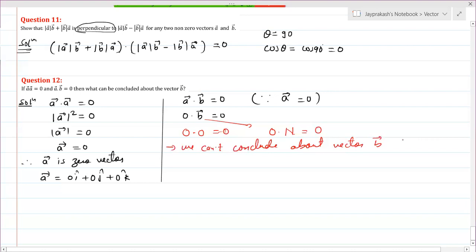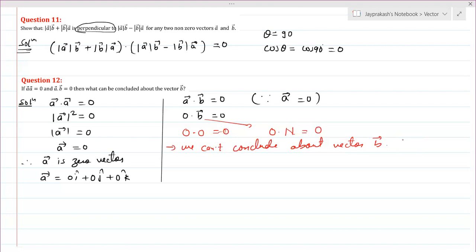Why can't we conclude about vector b? Because vector b can be 0 or can be any vector.